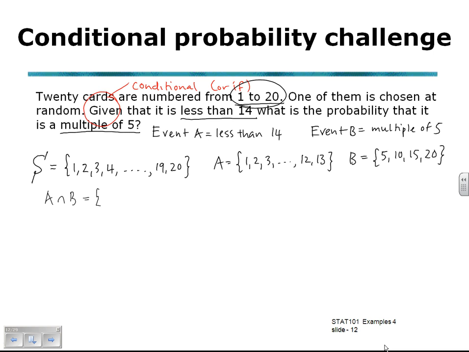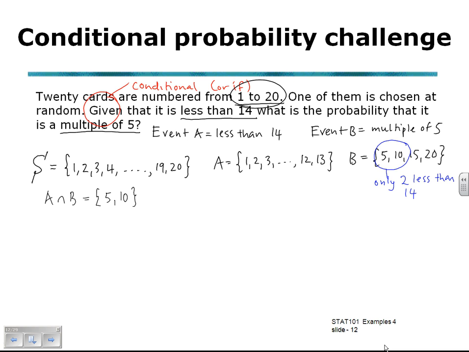A intersection B would be the events common to both. And we're looking at event 5 and 10. Two cards giving us A intersection B.